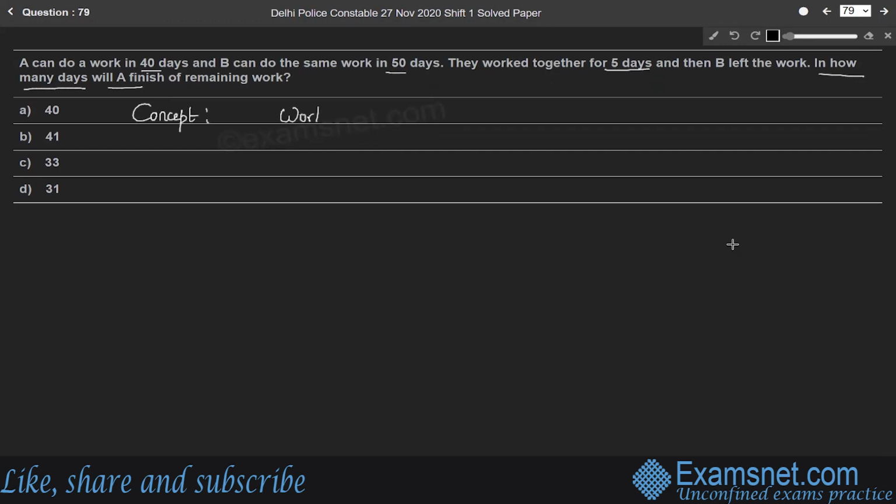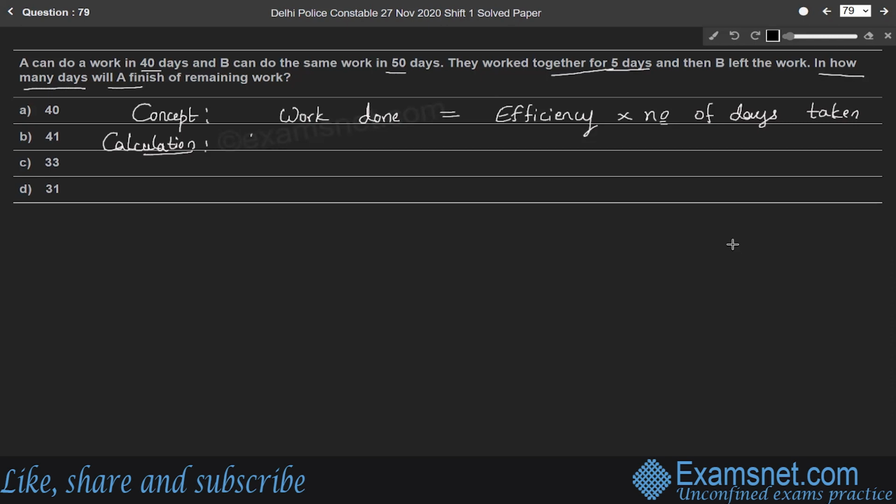So what is work done? Work done by a person or a machine is the product of its efficiency and the time taken or number of days taken. Okay. So let us come to the calculation part. So here A and B together worked for 5 days and they have done some work, and remaining work is done by A. So that the total work has been done here.